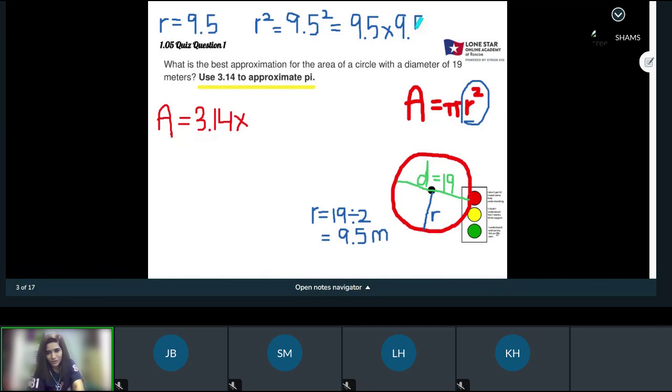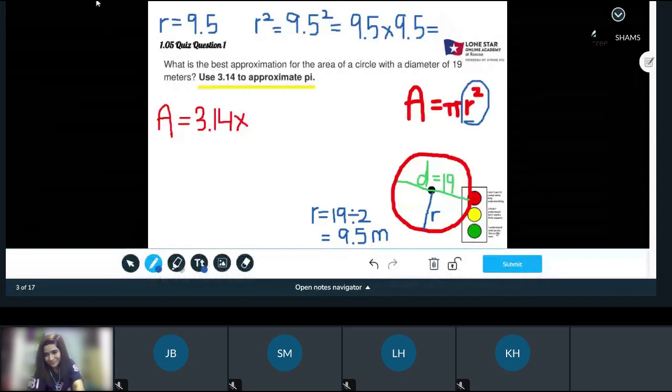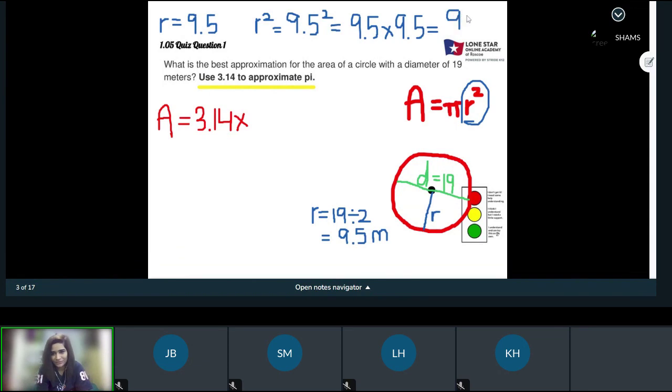Go calculate how much r squared is. Please do the multiplication. 9.5 times 9.5, Kevin. Tell me how much is 9.5 times 9.5. Very good, Kevin. 90.25. That is 90.25.